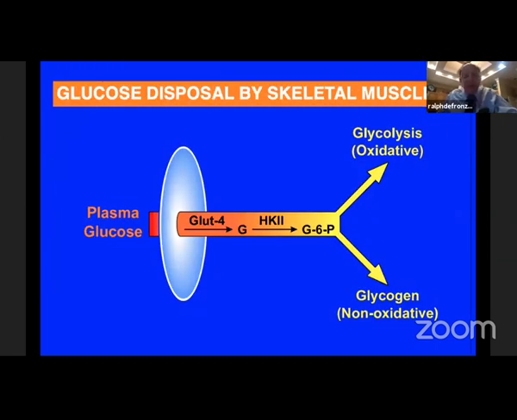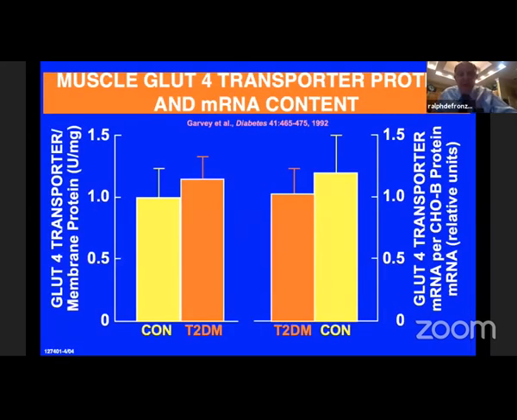So let's come back now to this muscle cell. Long before glucose gets into the oxidative and glycogen synthetic pathway, it has to get into the cell through GLUT4, and then it has to be phosphorylated by hexokinase 2. So what do we know about GLUT4 and hexokinase 2? At the time that we were doing these studies, Dr. Tim Garvey had developed a technique to measure GLUT4 transporter protein and mRNA.